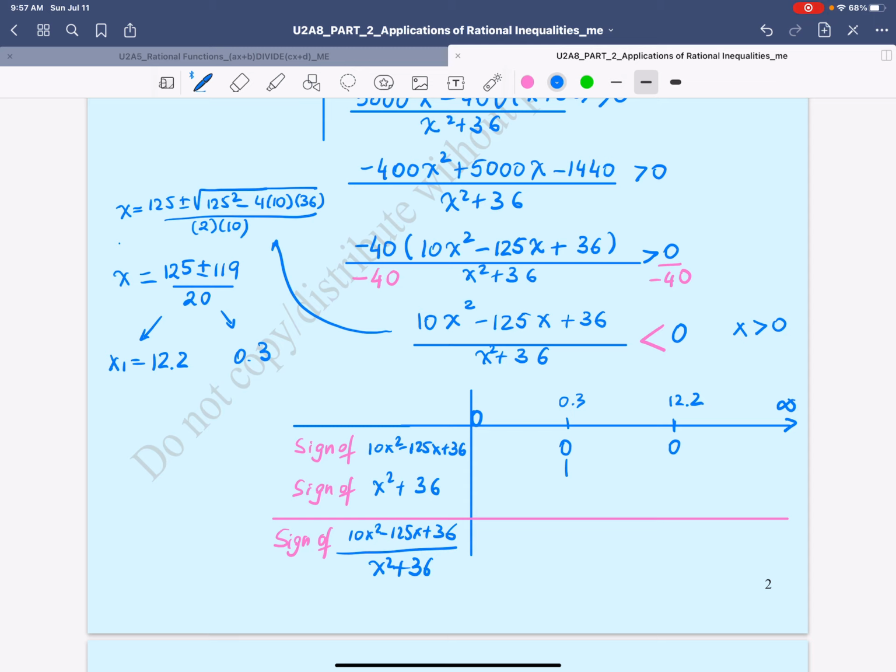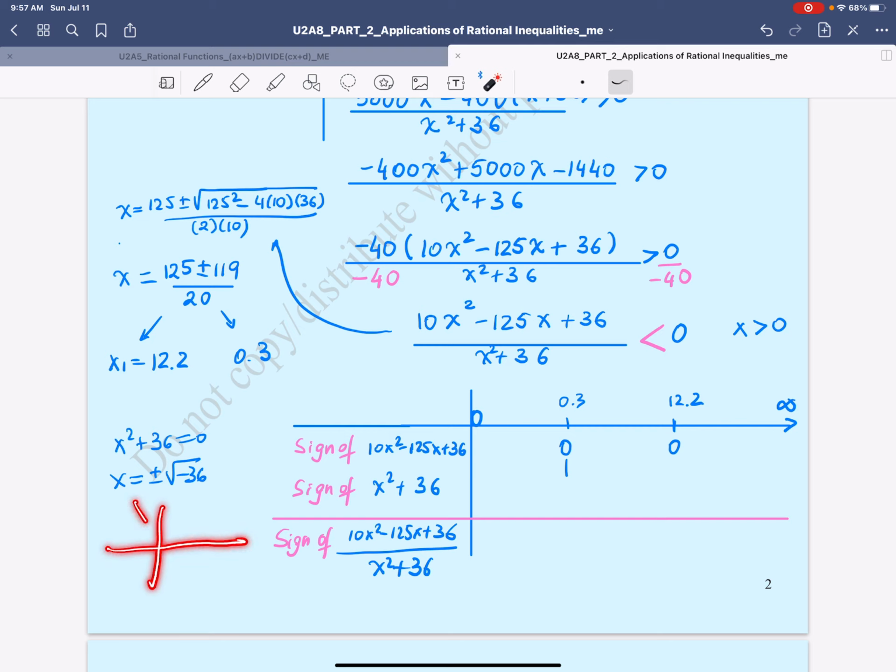The denominator, if you try to solve, will have no zeros because x would be plus or minus the root of a negative number, which doesn't exist. And when this is the case, it means that x squared plus 36 is either always positive or always negative. So it doesn't actually cut the zero.